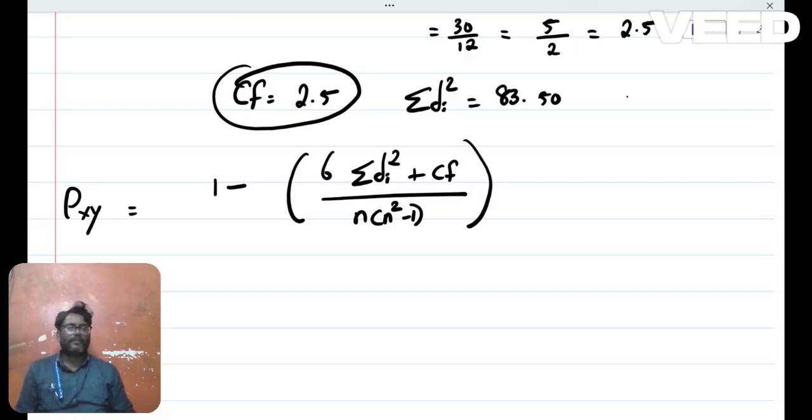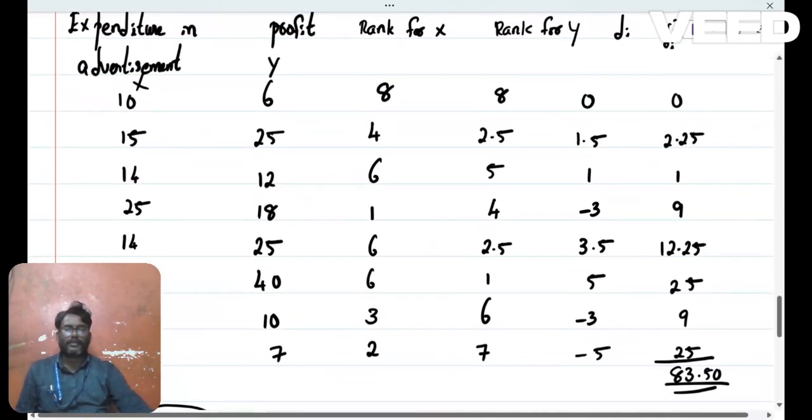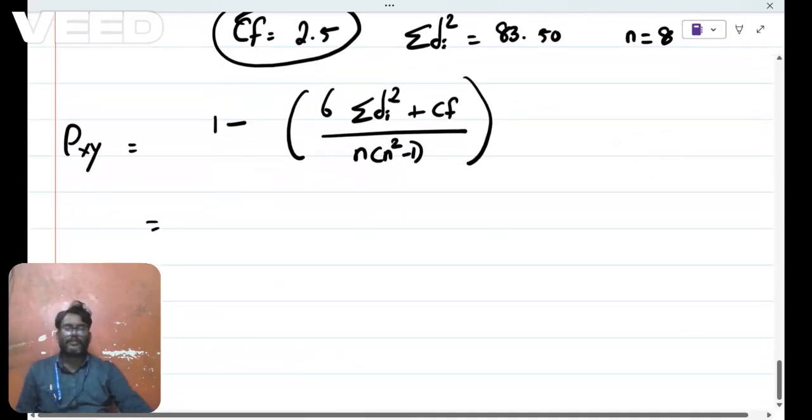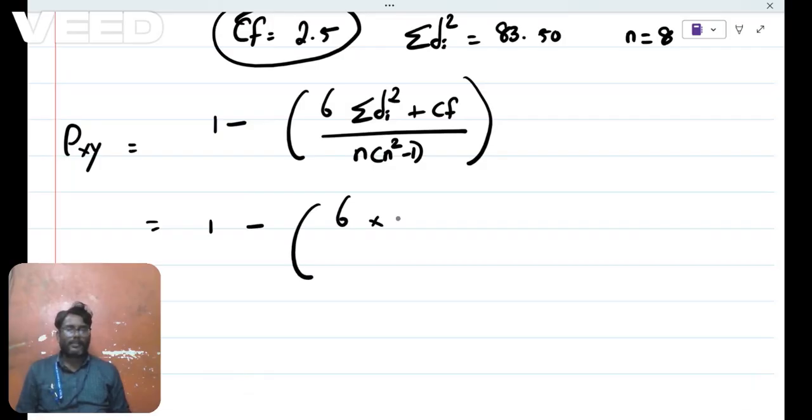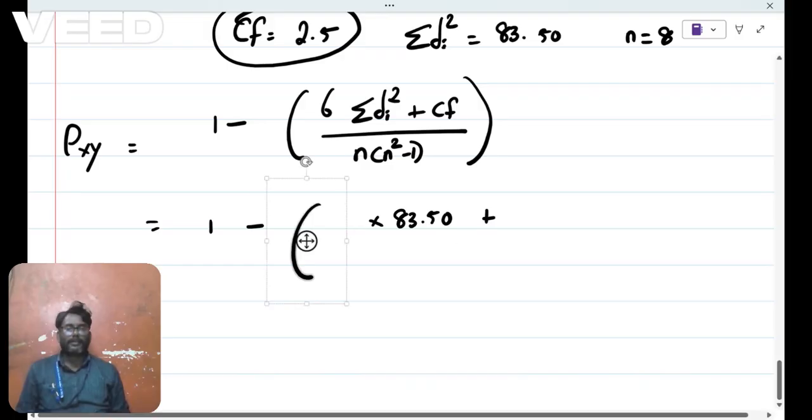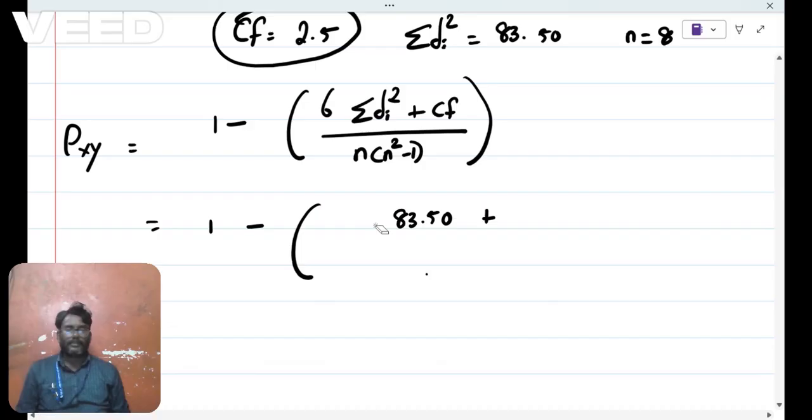Here the n value will be 8, the number of data is given as 8. You can check it if you want. Our total rank will be 8, right? 1, 2, 3, 4, 5, 6, 7, 8. Fine. So now we substitute the values. So 1 minus 6 times summation di square, which is 83.50, plus correction factor. And the 6 is common.